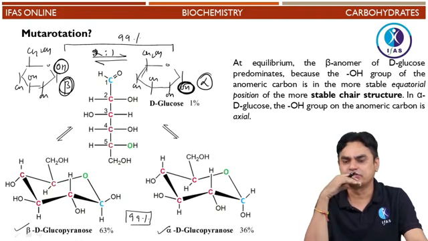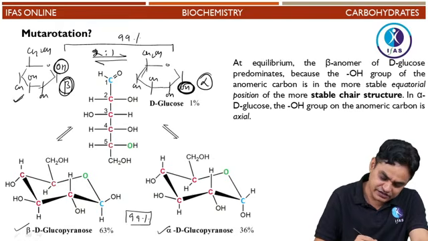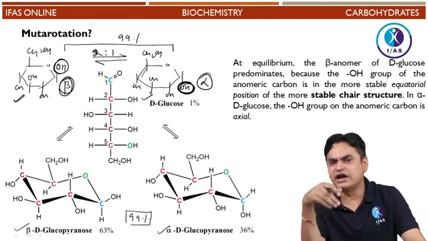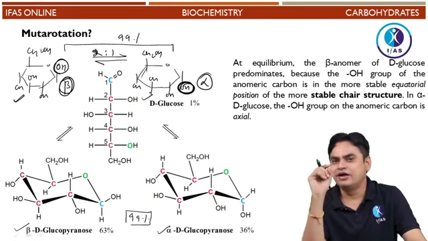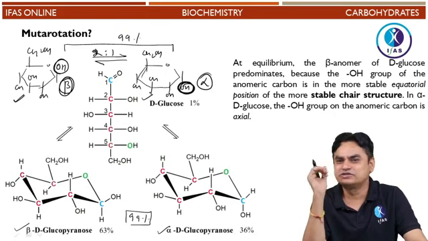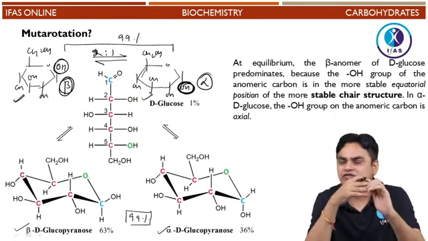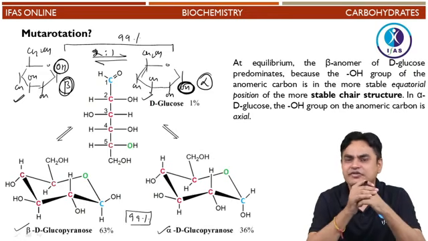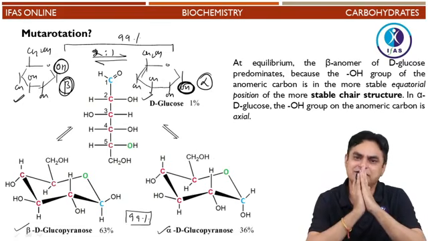Why so? The reason is again the stability. We are trying to draw the ring structures assuming that the glucose is planar. But my dear friends, whether it's a furan ring or a pyran ring, in carbohydrates they are not planar. That is, all carbons do not lie in the same plane.